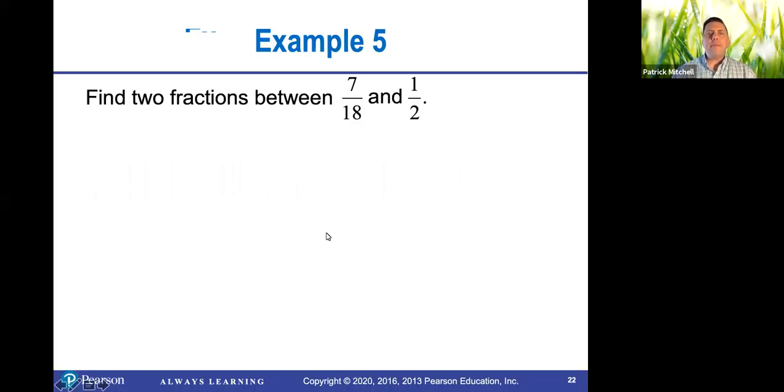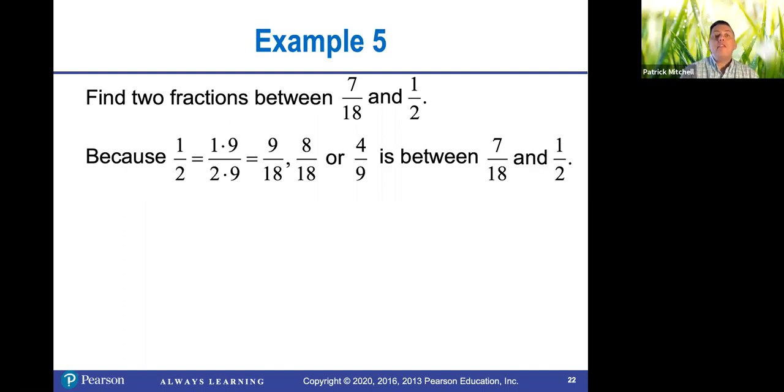Okay, so for example, let's find two fractions between 7/18 and 1/2. One way to do it is to write those fractions with a common denominator. The least common denominator would be 18. So if you multiply the top and the bottom of 1/2 by 9, you get 9 over 18.